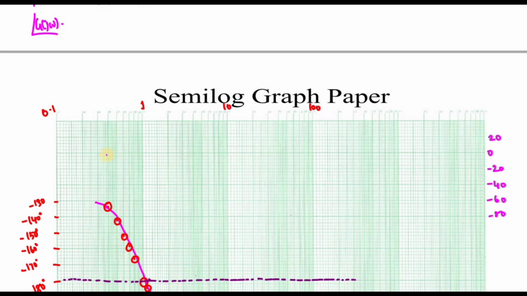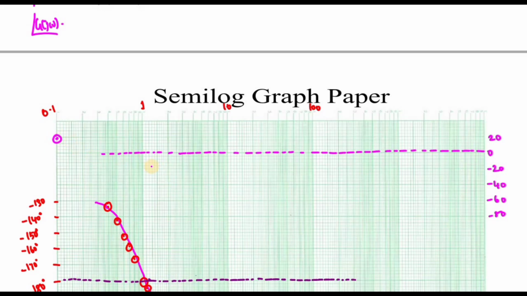Let me draw a line for 0 dB. Initially, at omega equal to 0.1, it is 20 dB.